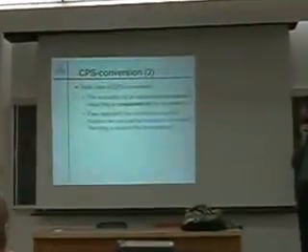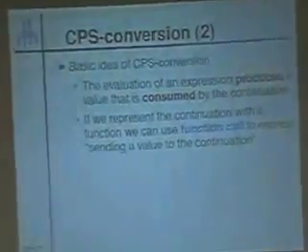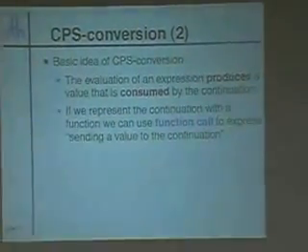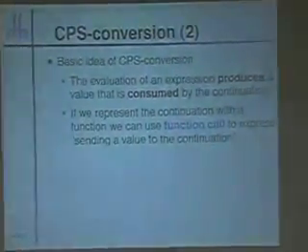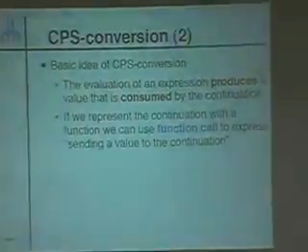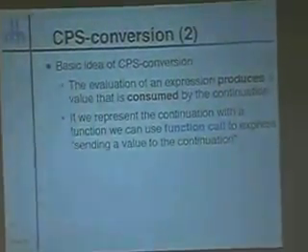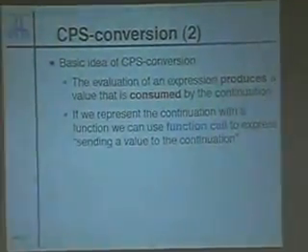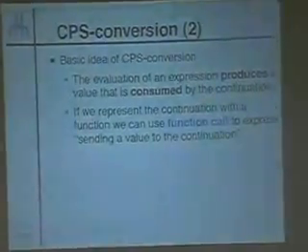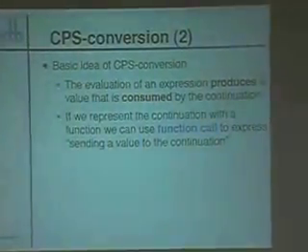Well, remember that a continuation represents a computation that is awaiting a value before the computation can continue. So when an expression is evaluated, the expression is actually the producer of information, namely the result of the evaluation, and the continuation is the consumer of this information.